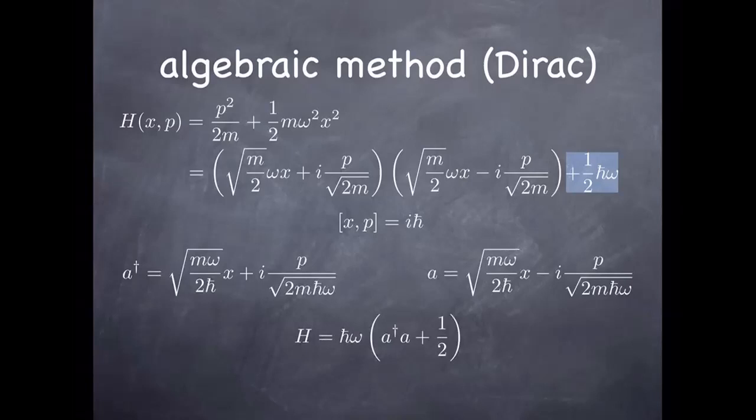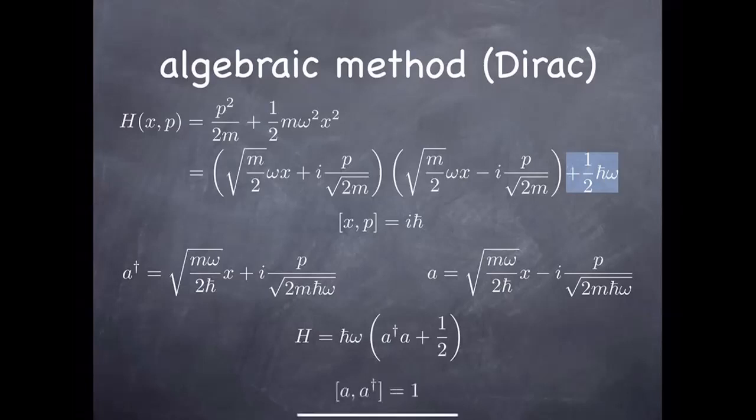So this first operator turns into a dagger times square root h bar omega. The second operator turns into a times square root of h bar omega. The two square roots now multiply to h bar omega. And then I'm left with this 1/2, when I had to pay careful attention to the ordering between x and p. So you have seen this in quantum mechanics class already.